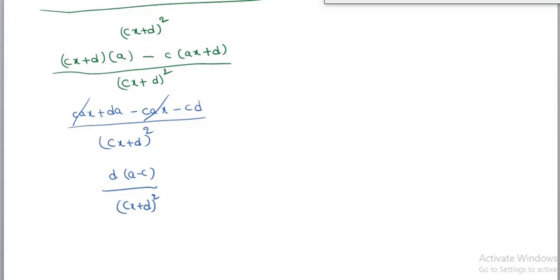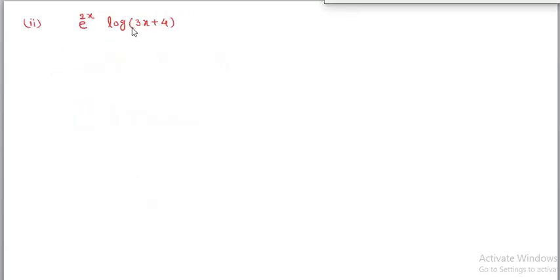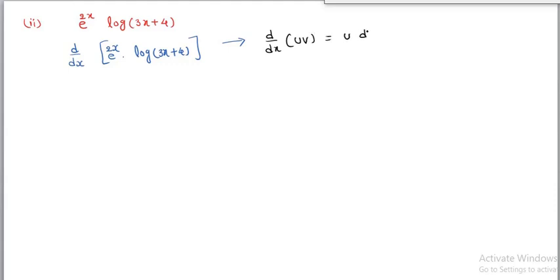Write down. So e power 2x log of (3x plus 4). So d by dx of e power 2x into log of (3x plus 4). So what is the formula now? d by dx of uv equals u dv by dx plus v du by dx.